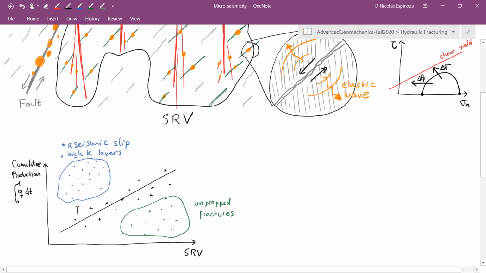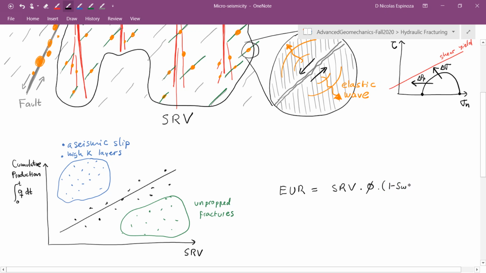And let me add one equation over here. The estimated ultimate recovery of a particular location is going to be a volume, which is the stimulated reservoir volume, times the porosity of the formation, times the saturation of the hydrocarbon.